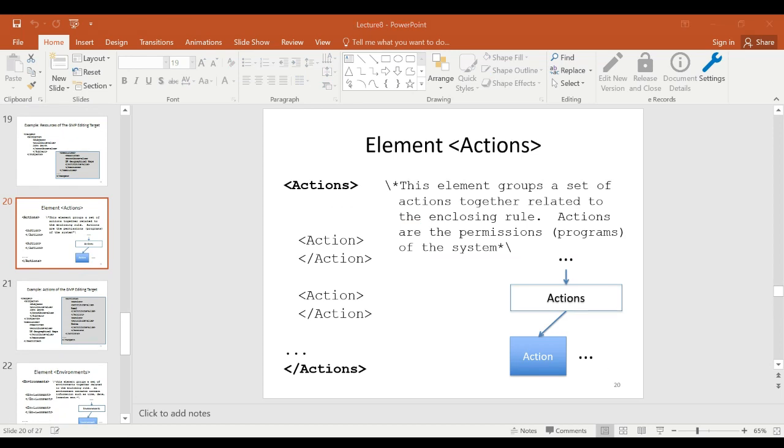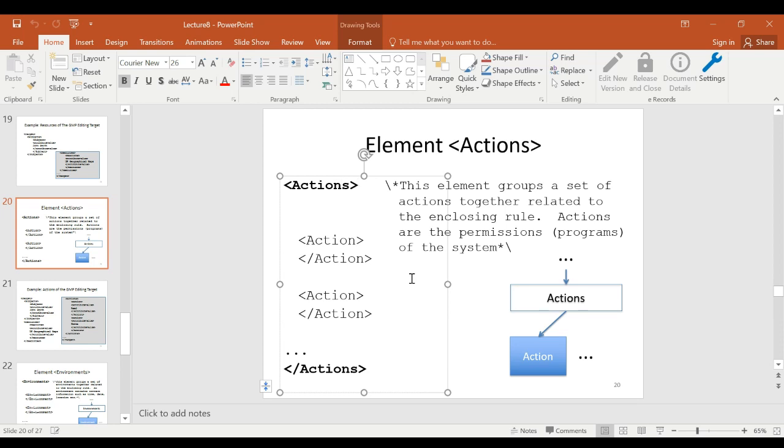The next element is actions. Again, notice that this is a plural actions, meaning that you may want to be writing your rule in relation to any number of types of requests that would come from that particular subject or subjects going towards accessing that particular resource or resources. Okay.